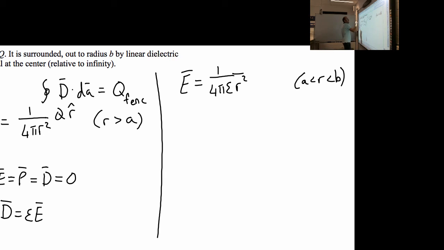I'm going to put the Q on the top. So we have Q and we have r hat. Okay, so here we can see that the electric field in the region between A and B depends on the permittivity of the material.